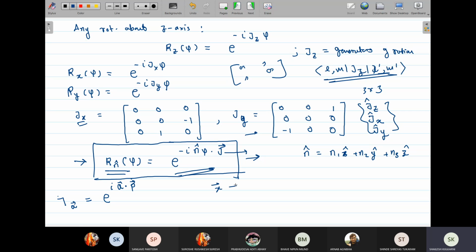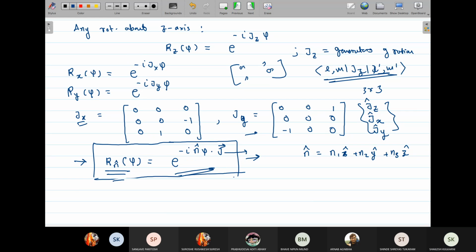Translation means x goes to x prime, which is x plus a. From this one can construct the infinitesimal generator for translation. That turns out to be P. So it is essential to write any symmetry transformation in this generator form.